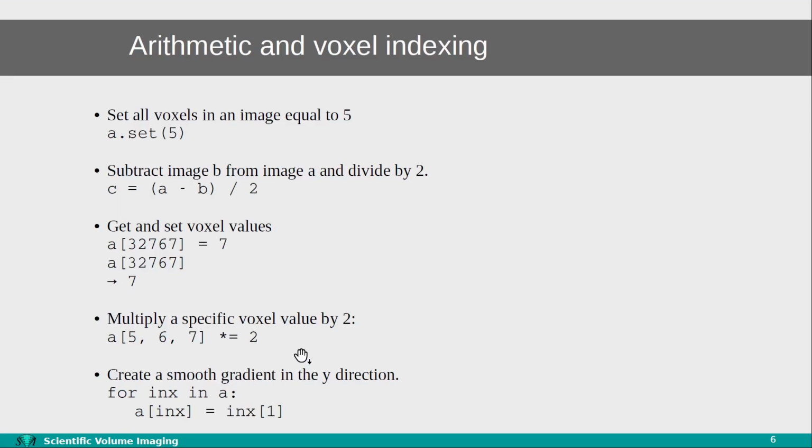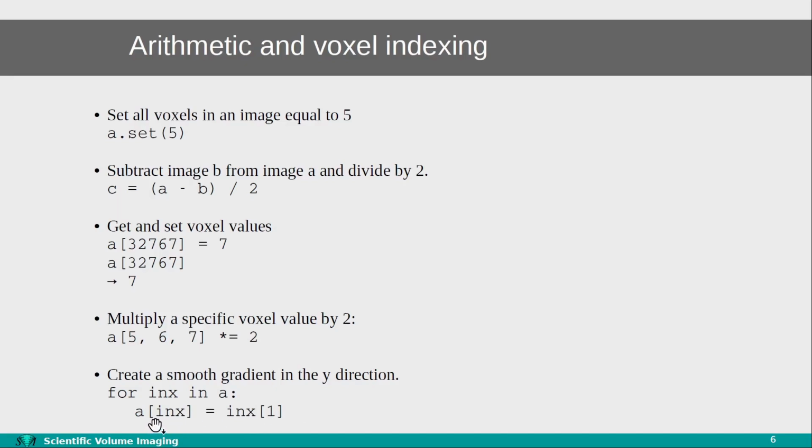so you can use standard Python syntax to loop over images. So in this example here, we have for index in A, index is index 1. And what this will do is, since this index will by default give you a position, this will be a multidimensional vector, and the first element of this vector will be the y position in the image.